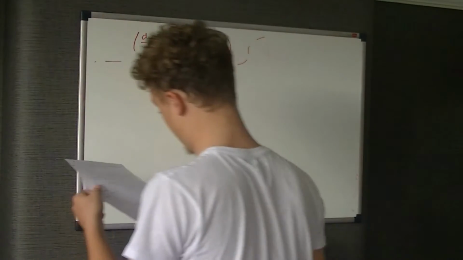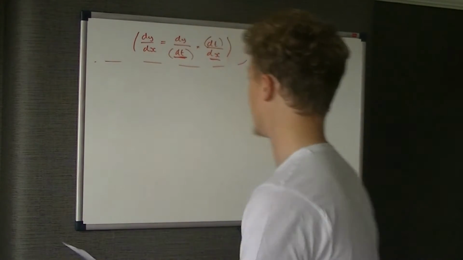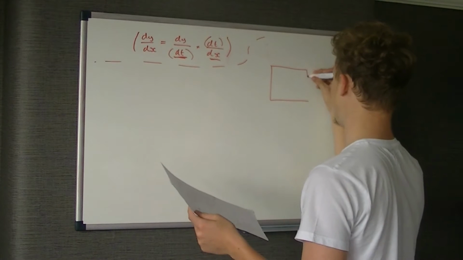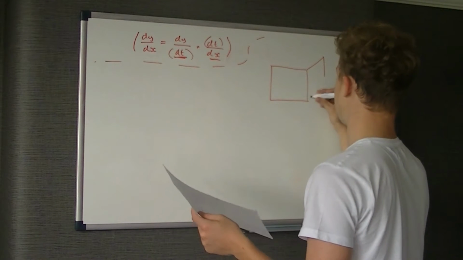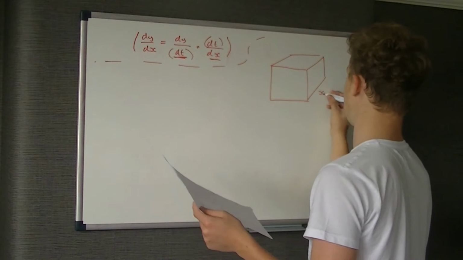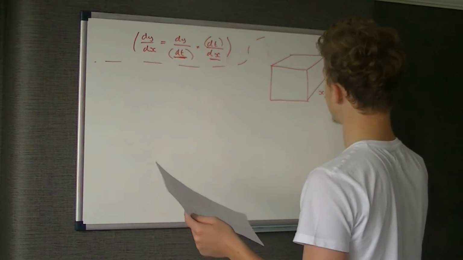So we've got a cube here. That's one of the key things I'd advise you to do. It'll be talking about a question, and the best thing to do is to draw an example of that question and what's happening, so you know what's happening. So in this question, we need to draw a cube. And obviously all the sides we assume are the same, and we just put them as being equal to x centimetres.